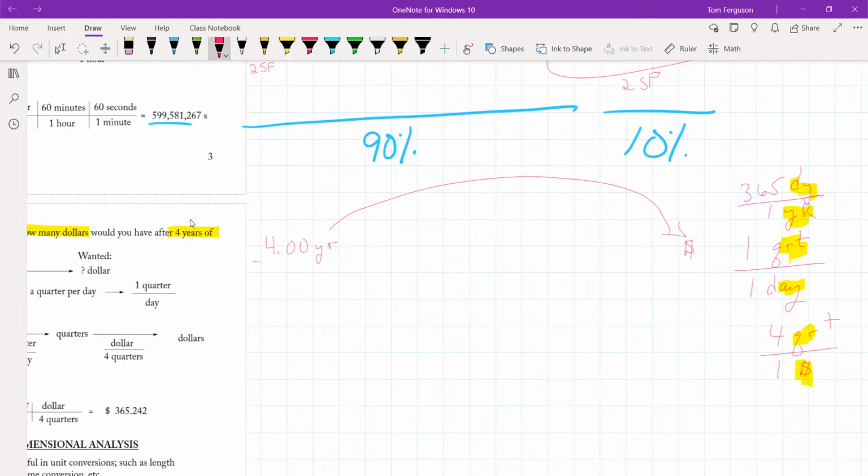Okay, so first step is to cancel out years. Well, we have years right here. Okay, that gives us days. Okay, we can convert quarters to days here.